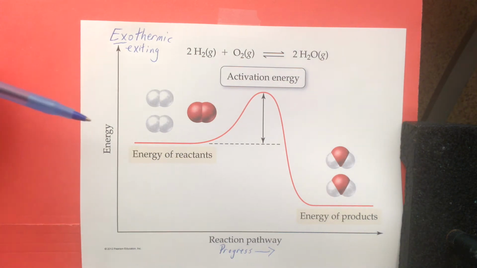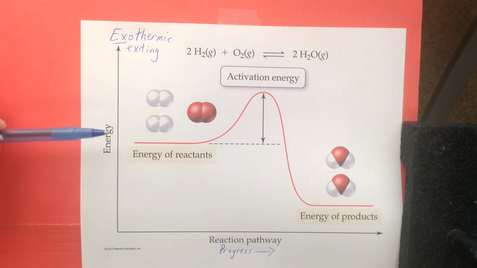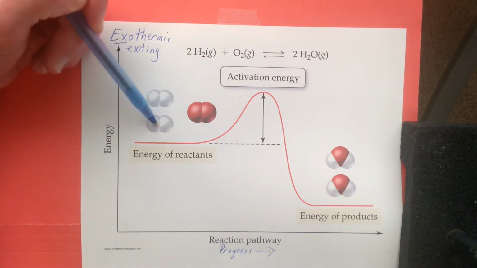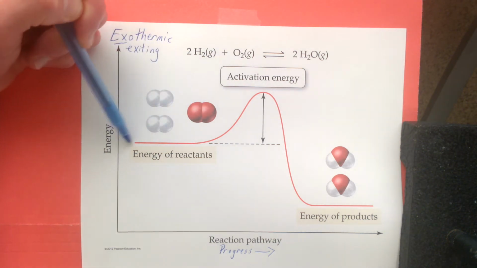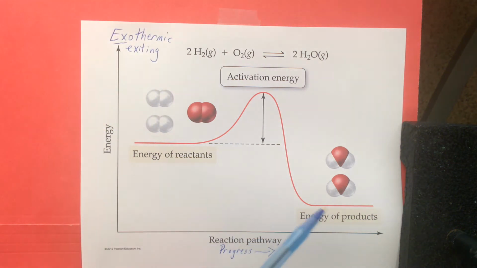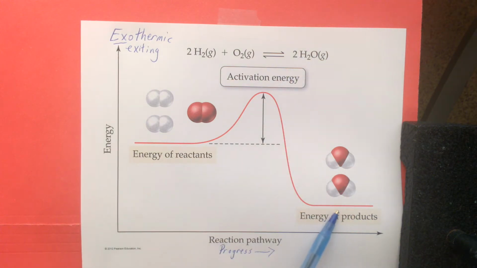It gives you the initial energy state or energy value of your reactants. So in this case, the hydrogen gas and the oxygen gas, and then shows you where the energy of the products, in this case the water, exists so that you can make a comparison.